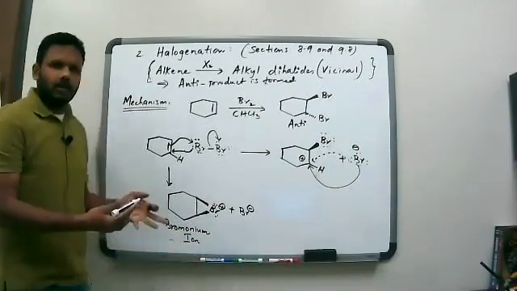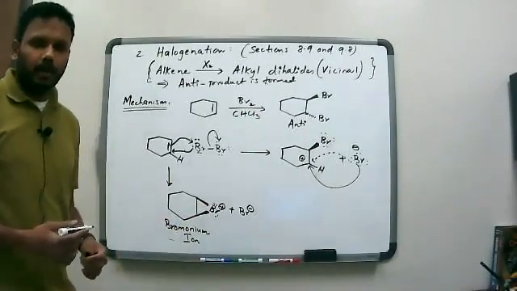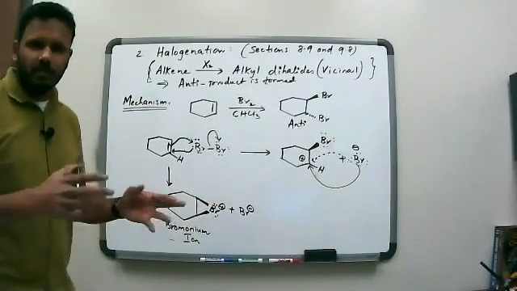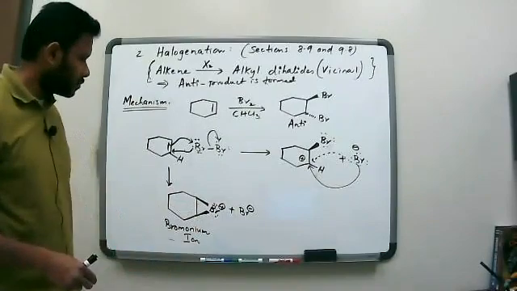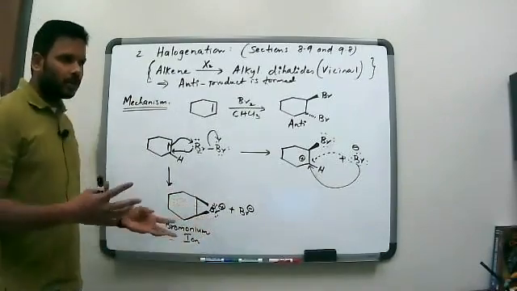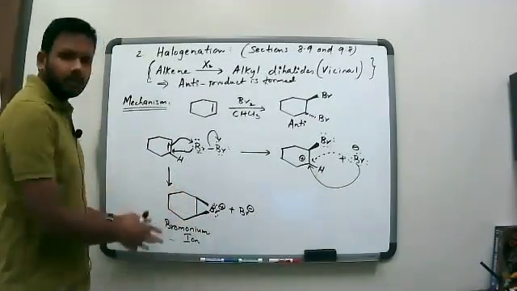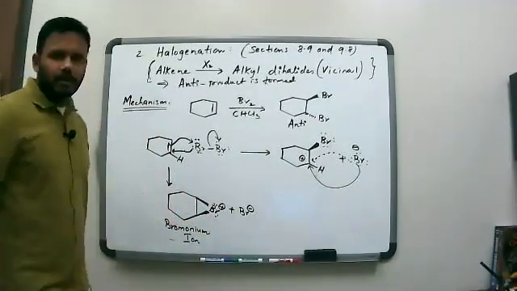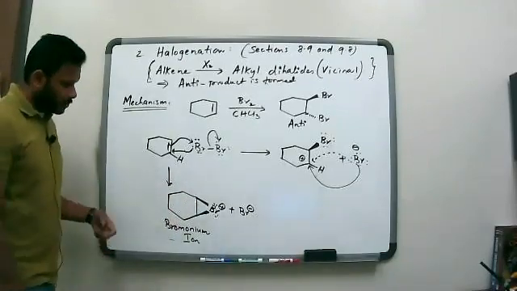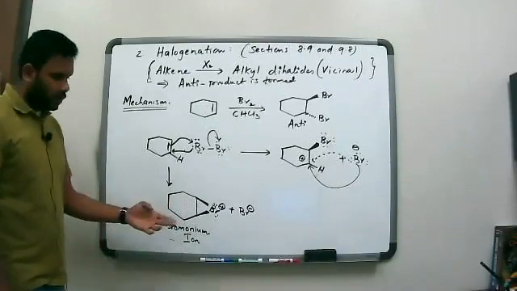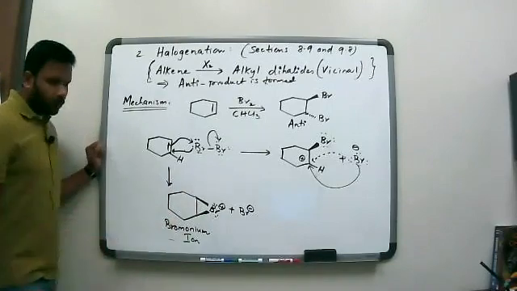So it's the equivalent of a carbon bearing a positive charge in some sense, though it's not a carbocation equivalent in terms of hybridization, because this should be sp3 hybridized at this point, not sp2 hybridized. So we get this bromonium ion.